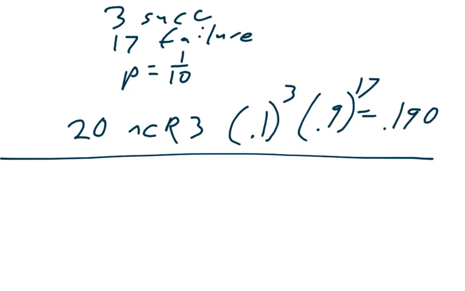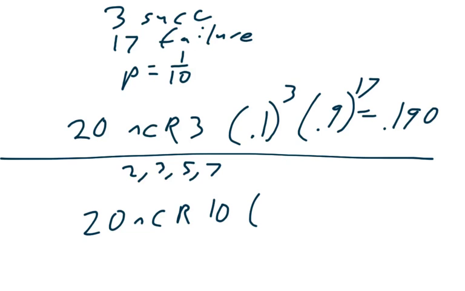And for the last one, we need to decide what a prime number is. 2 is a prime number, 3 is a prime number, 5 is a prime number, and 7 is a prime number. So 20 nCr 10. By the way, 1 is not a prime number. Neither is 0, because they have other designations.